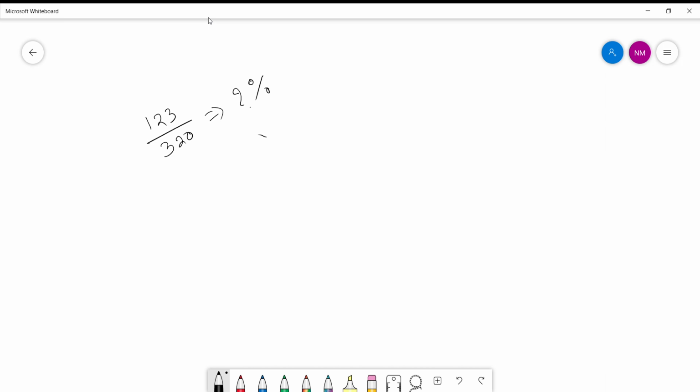Again, we have to distribute our numerator in such a way that we can calculate the easier percentages first. We know that half of 320 is 160, and 123 is less than 160, so definitely the percentage is going to be less than 50%.